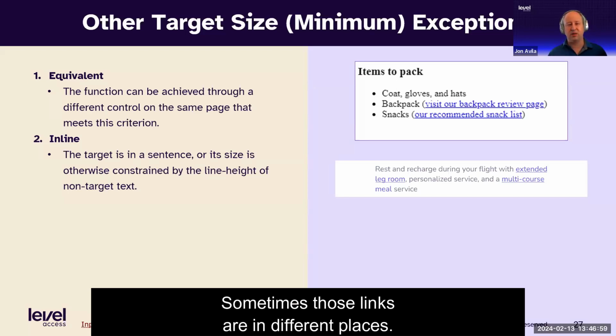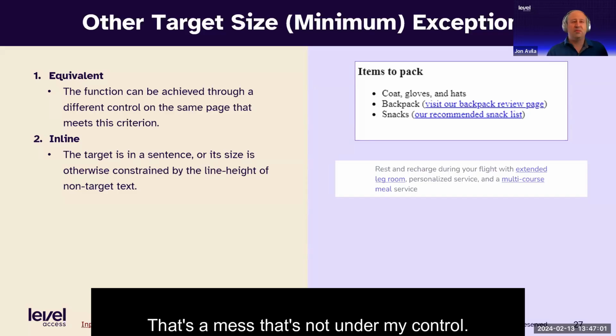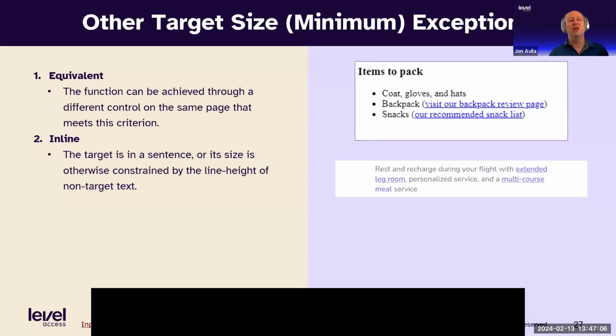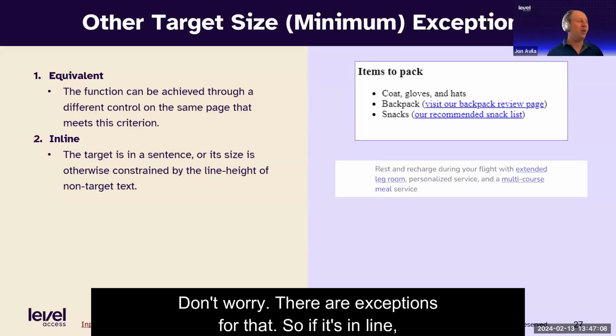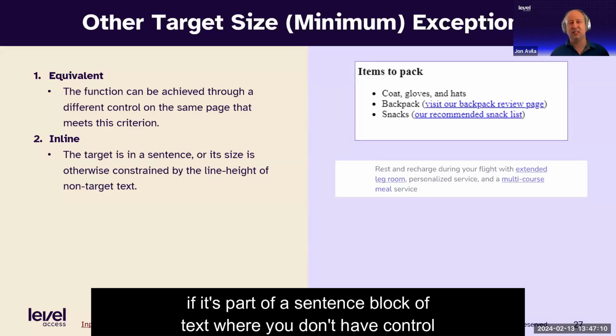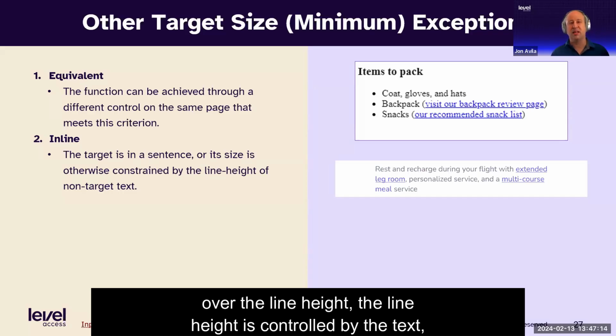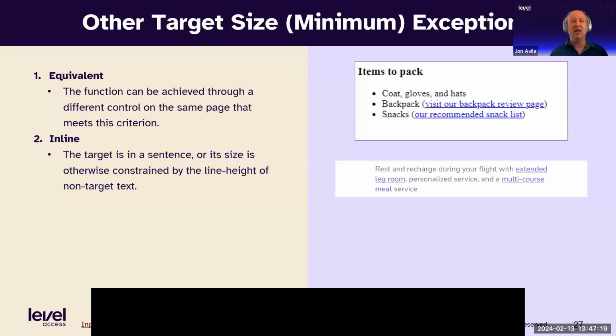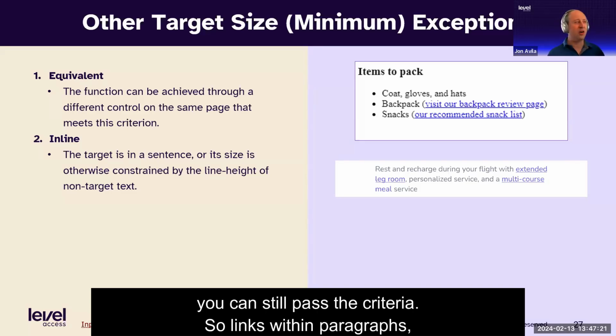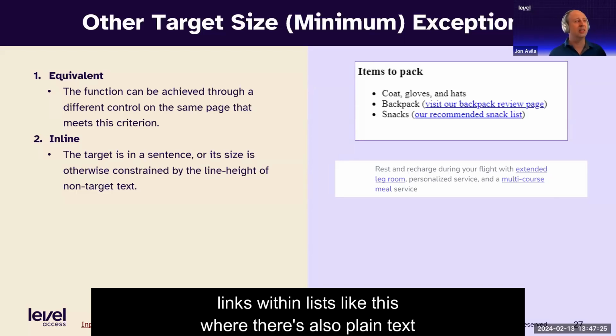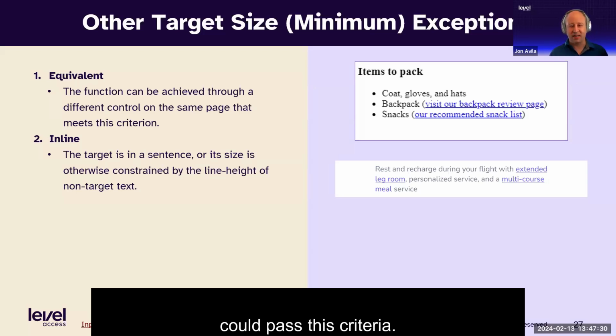Sometimes those links are in different places. That's a mess, and that's not under my control. Don't worry, there are exceptions for that. If it's inline, part of a sentence or block of text where you don't have control over the line height, because the line height is controlled by the text, you can still pass the criteria. So links within paragraphs, and links within lists like this where there's also plain text, could pass this criterion.